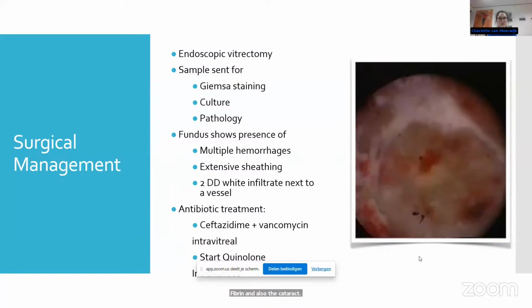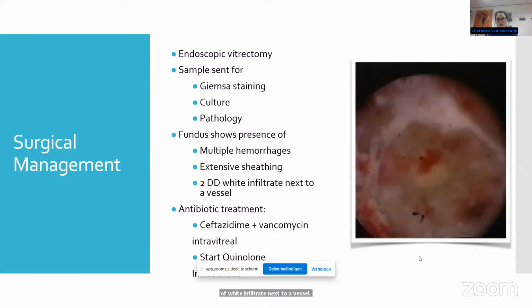So a diagnostic vitrectomy was performed, and the samples that were collected were sent for Giemsa staining, cultures, and also to pathology. The fundus during operation showed multiple hemorrhages, extensive sheathing, and 2 disc diameters of white infiltrate next to a vessel.